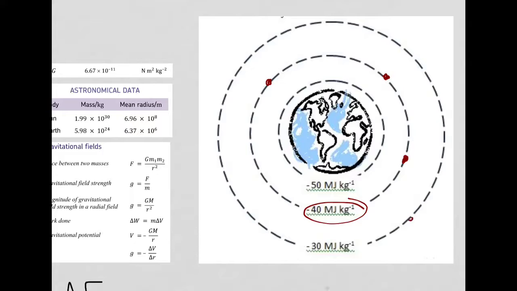The value here would be minus 30, and if I wanted to go from there to there, I would change my value of V, so my delta V would be 10 megajoules per kilogram. So we have this idea.